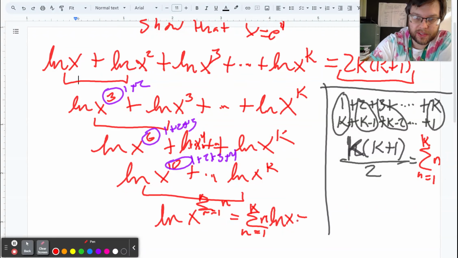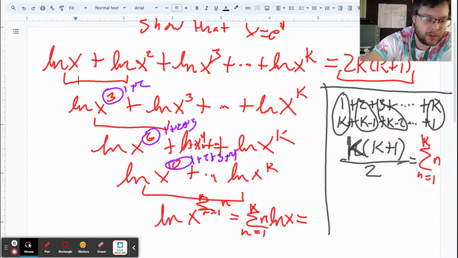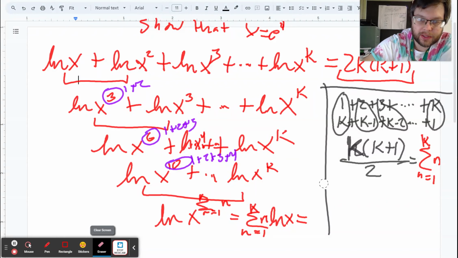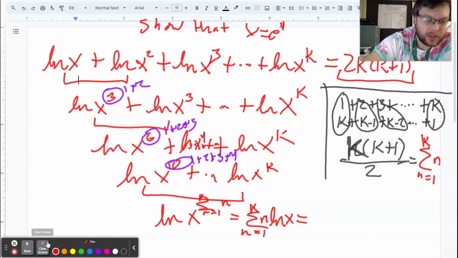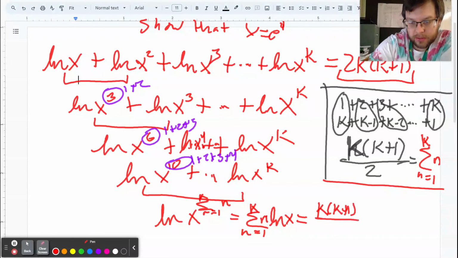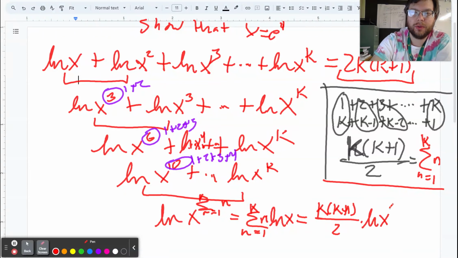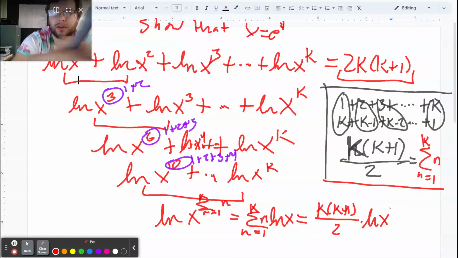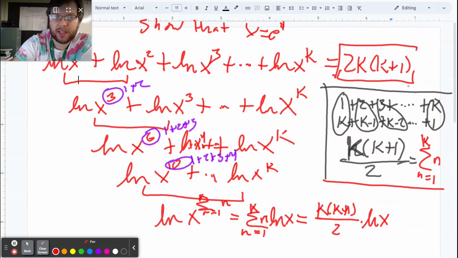So now I know that this is really equal to, let me erase a little bit here. Okay, so what this is really equal to is k times k plus 1 over 2 times the natural log of x. And we were told at the very beginning of this problem that that expression needed to equal 2k times k plus 1.